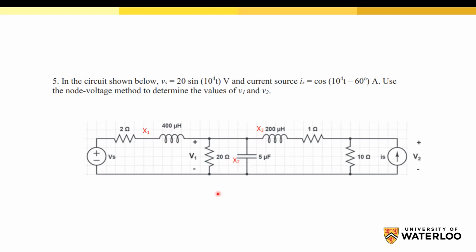In order to calculate the equivalent reactances, we need to calculate omega, because XL should be equal to omega times L, and XC should be equal to 1 over omega times C. We know that omega is equal to 2 pi times the frequency if the frequency is given, but for this problem it's already given here.